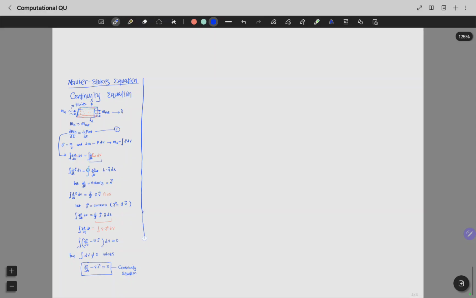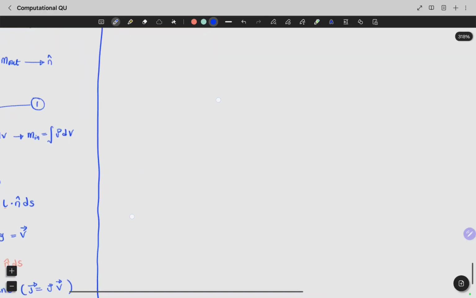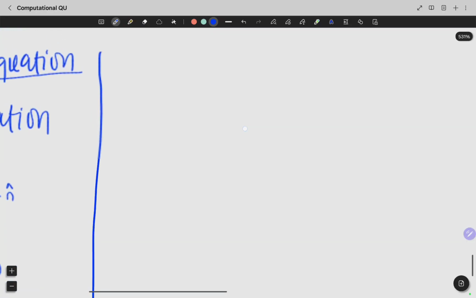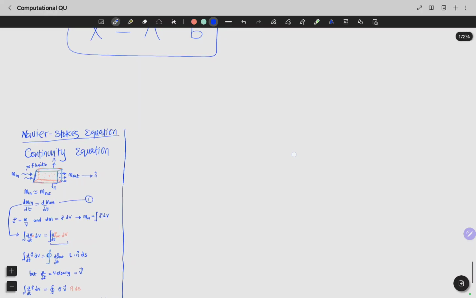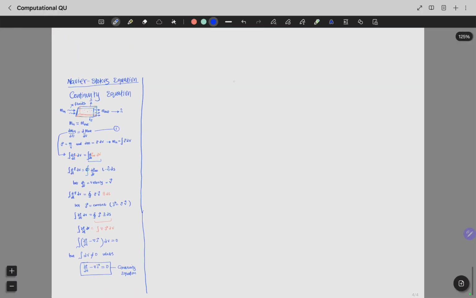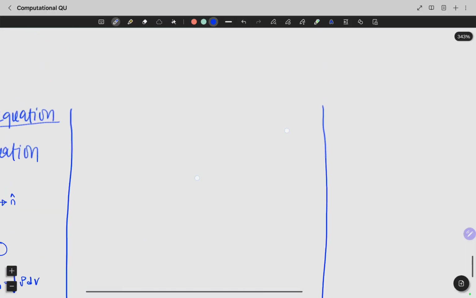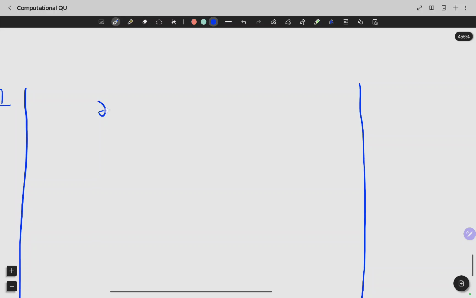What do I do here? Now that we have the continuity equation, sorry, I know you don't like it, but let's split these terms. Now the fact that we have d rho by dt minus, is it negative or positive? Yeah, it's negative.